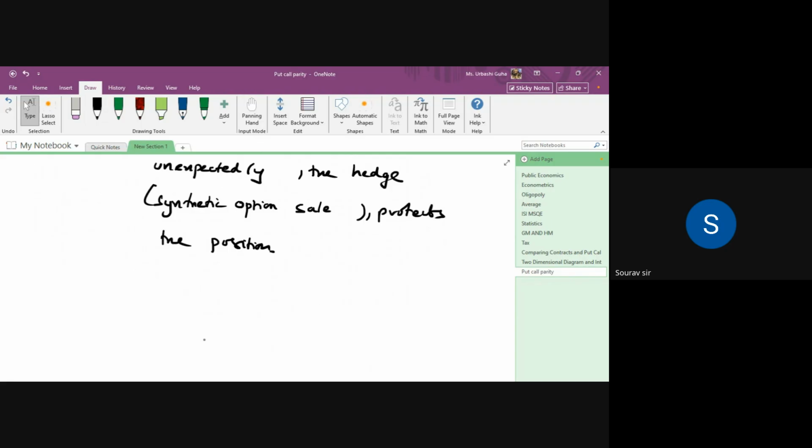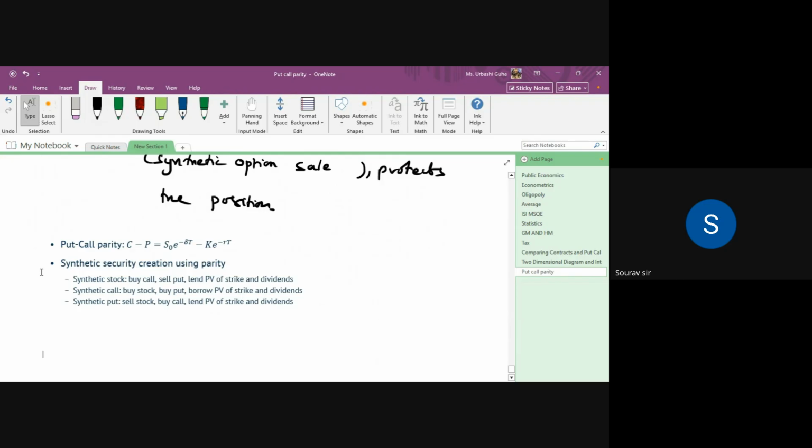Now next, synthetic security. So put call parity, the equation. Here we have the call option price, the put option price, the current stock price, dividend yield, strike price, and time to maturity.